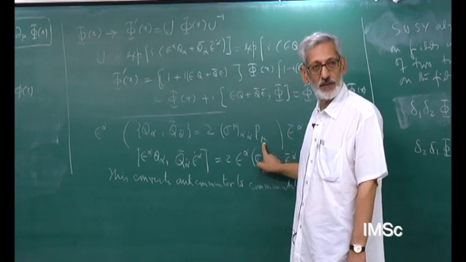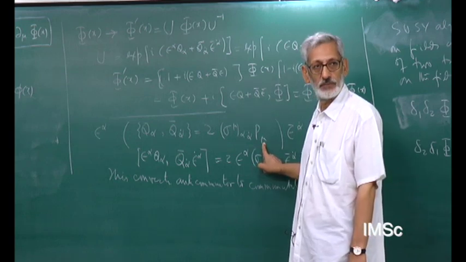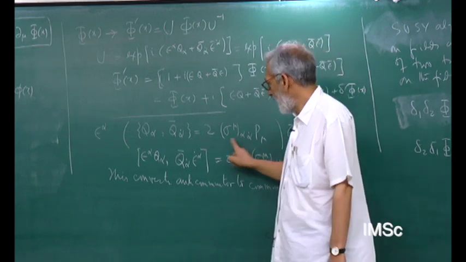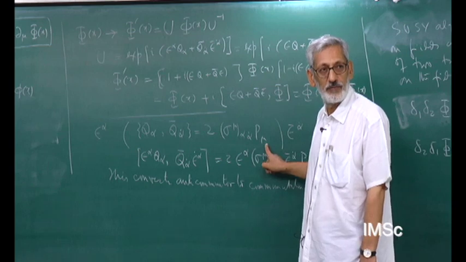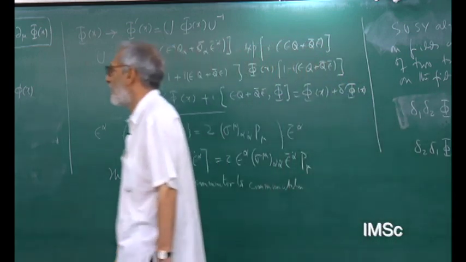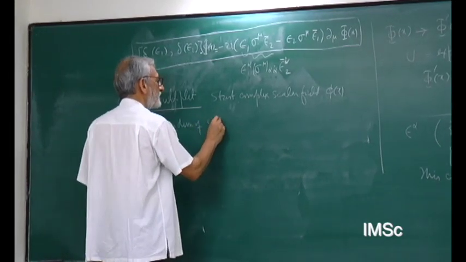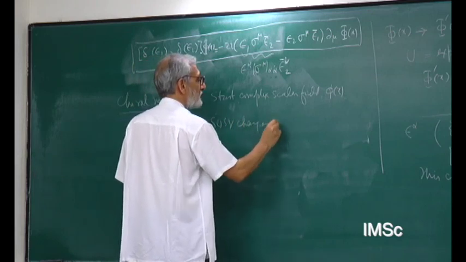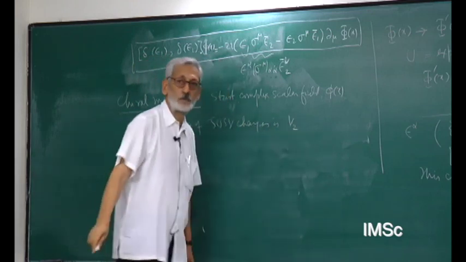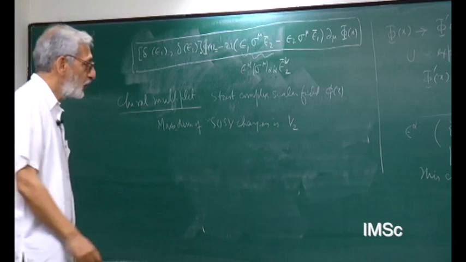P mu is energy or momentum, it is like mass in mass units. And Q is in some sense the square root of P. So the mass dimension of Q is half. Both Q and Q bar.